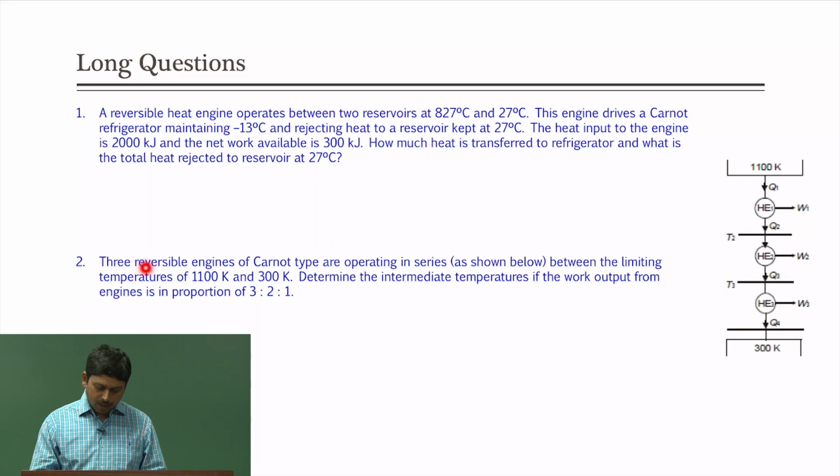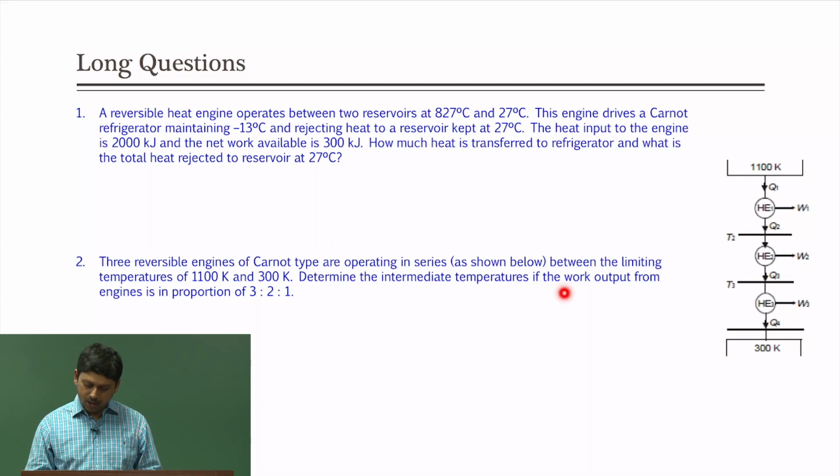So, 3 reversible engines of Carnot type are operating in series, meaning they are operating based on the output of one engine, the input of the other engine is happening. So, operating in series between the limiting temperatures of 1100 Kelvin and 300 Kelvin.